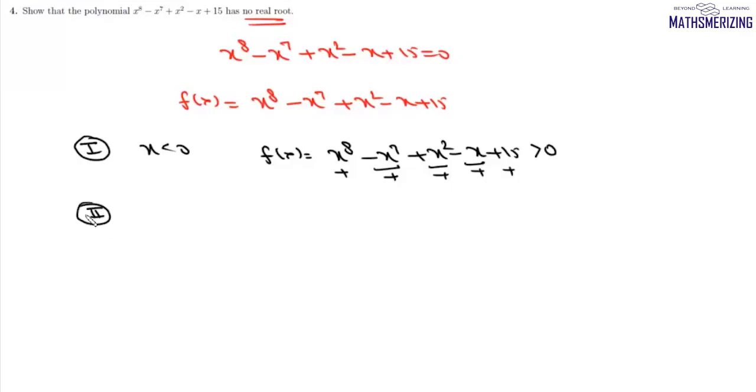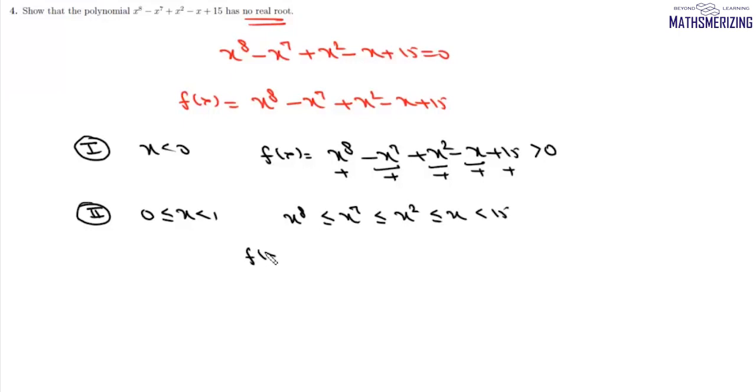Now we consider the second case when x lies between 0 and 1. Now we know that when the number lies between 0 and 1, then x to the power 8 will be less than or equal to x to the power 7 will be less than or equal to x square will be less than or equal to x, and will be less than 15.